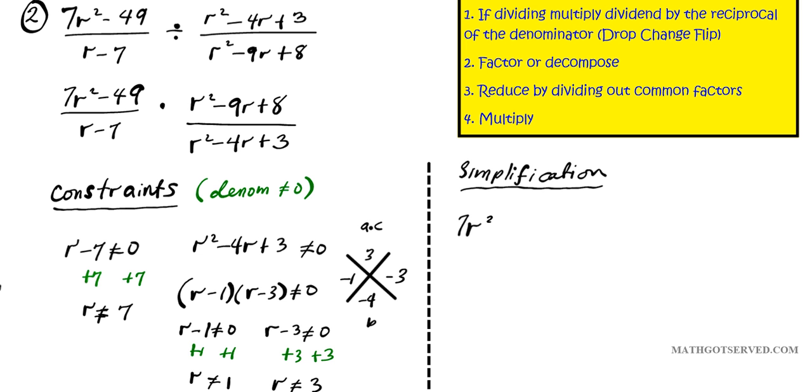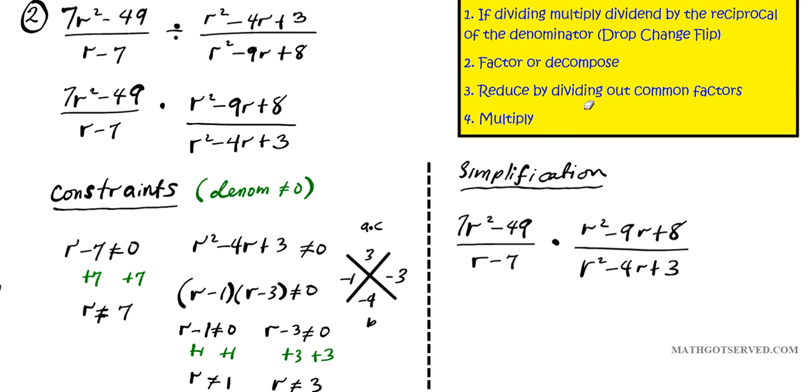So you have 7r squared minus 49 divided by r minus 7 times r squared minus 9r plus 8 divided by r squared minus 4r plus 3. Okay, so we just finished the first step, which is drop, change, flip.